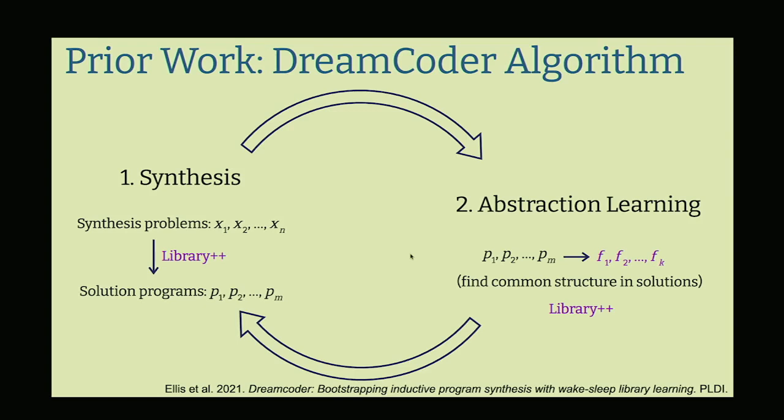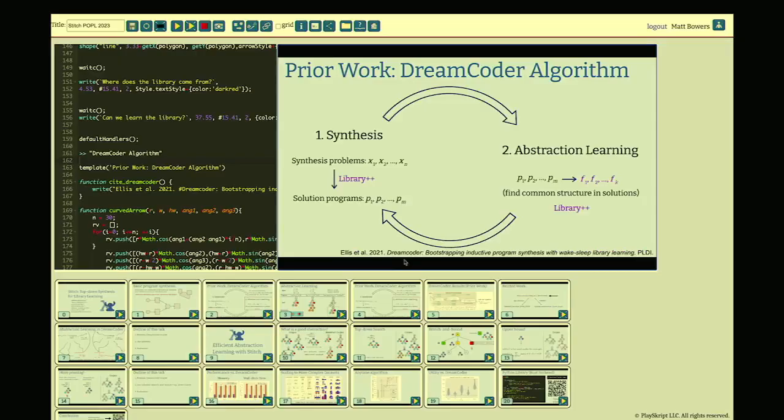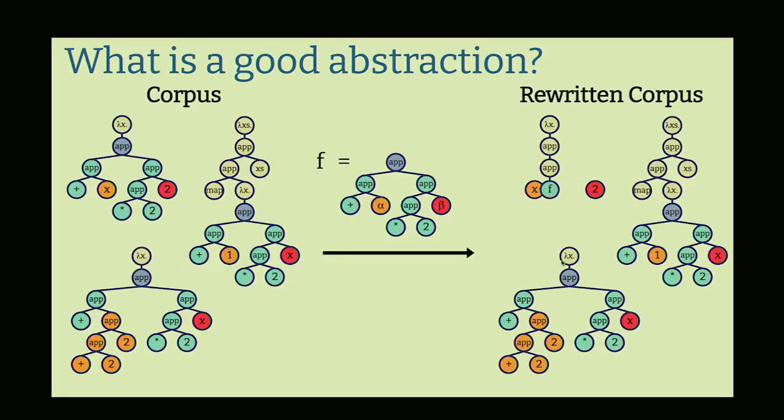Right. So yes, that's an important question, which is, how many abstractions do you learn at each step of this process? And it's important because if you run it just based on this utility metric that you gave it, you might just end up with hundreds of abstractions that are very overfit and technically do compress your set of programs a bit, but that aren't actually that useful for synthesis.